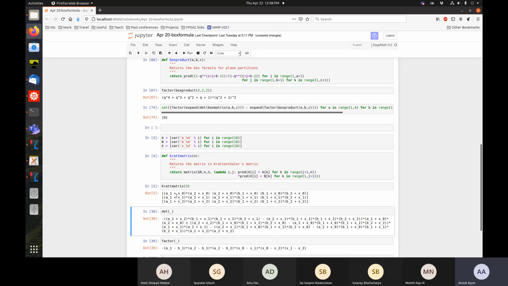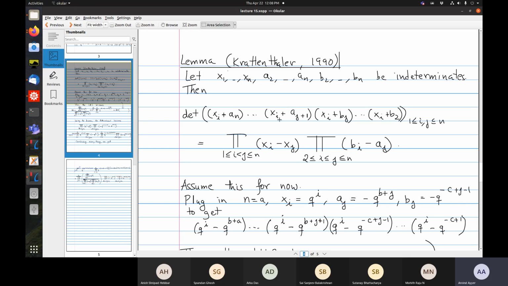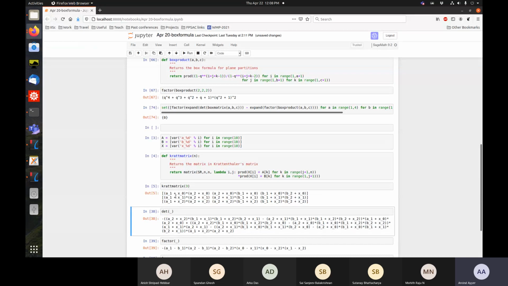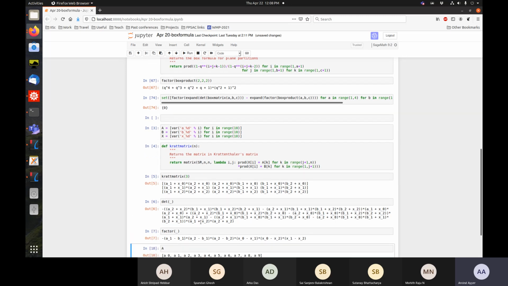So each term has, if you look at it, n minus 1 factors. Okay, so the first column has all A factors. The second column has 1 B and the rest A factors, and so on, all the way up to the last column having all B factors. Okay, so it's a nice symmetric matrix, symmetric in that sense. And now if I take the determinant, it's going to be some horrible thing, but if you factor, it nicely factors.